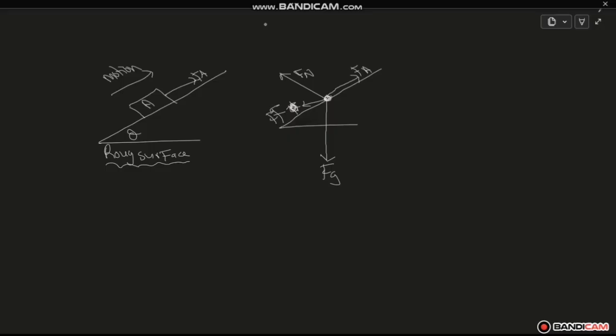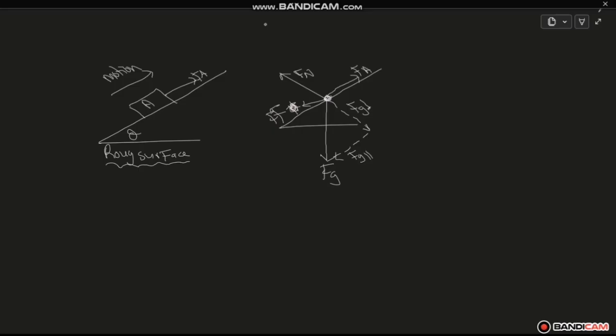So what you must know, whenever Fa is pulled, we have components. Even on an incline, we do have components. So this is what you are required to do. You show that this is Fg perpendicular. You do it like this at all times. And you show Fg parallel right here.